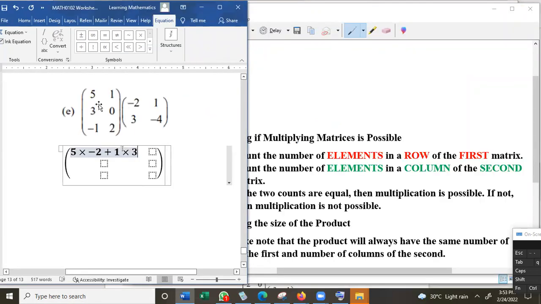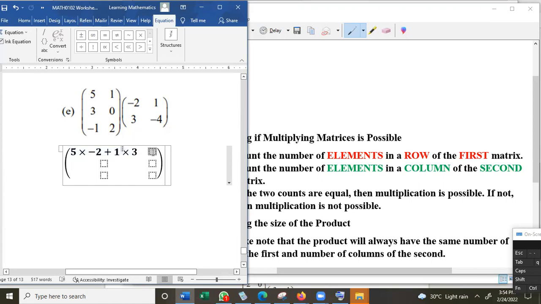The number of elements in the row of the first, column of the second. So it's 5 by -2 and 1 by 3, across and down. Okay, right. Row of the first, column of the second. Always bear that in mind. To get this number now, since we're on the top row, we have to go back with that same 5 and 1.